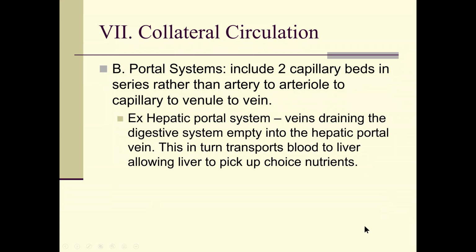And an example, when we get to the GI system, we will talk about this more extensively, is the hepatic portal situation, okay? We collect nutrients from the small intestine by way of a capillary bed.